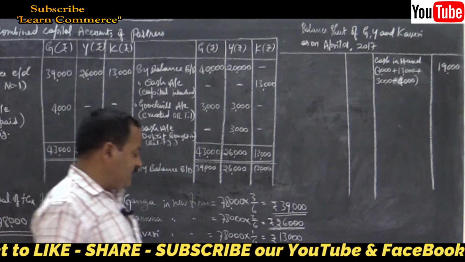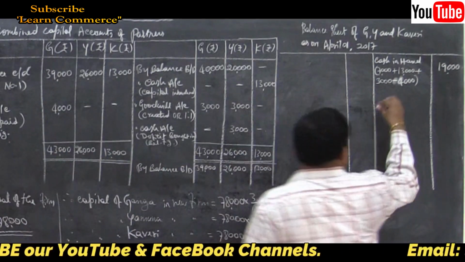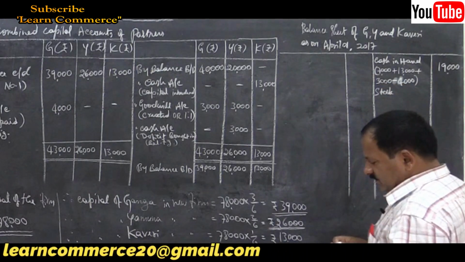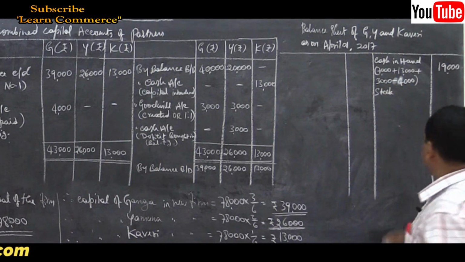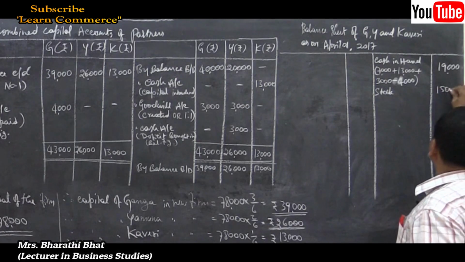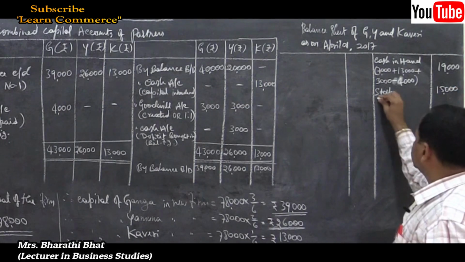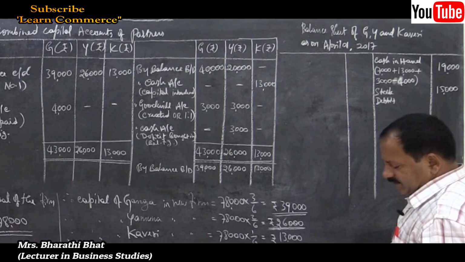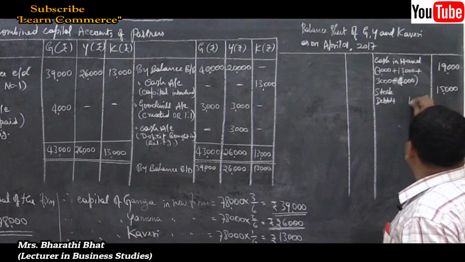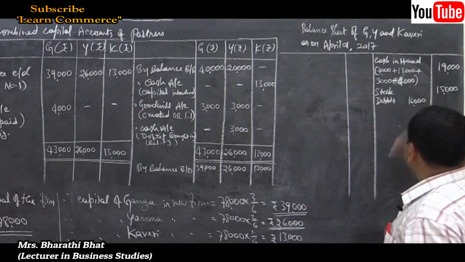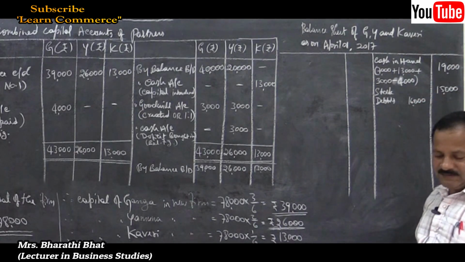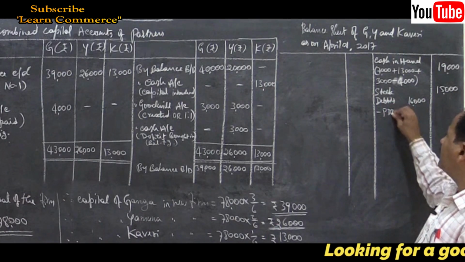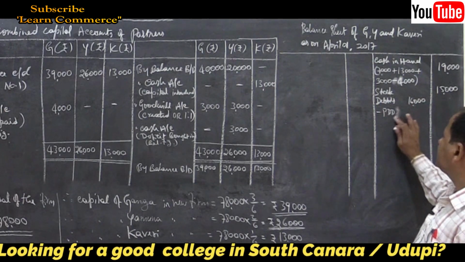Then next asset is stock. Are there any adjustments? No, straight away 15,000 in outer column. Then debtors, I think there is an adjustment. Yes, it is. So inner column 16,000 minus PDD, provision for doubtful debts.